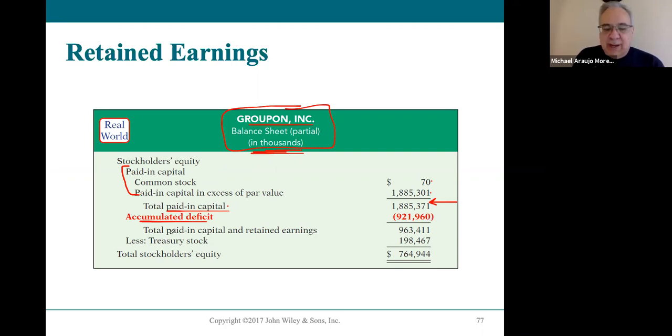So their total paid in capital is affected by that loss. Interesting enough, Groupon has treasury stock, right? Because they probably, as a smaller company that's trying to grow rapidly, have probably promised their executives quite a few stock options to make the company profitable. So their total stockholders' equity is much lower than what they raised.